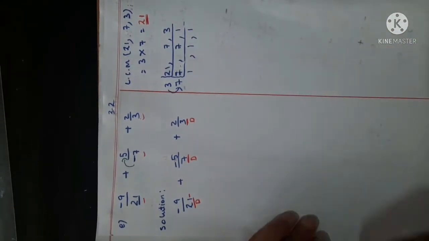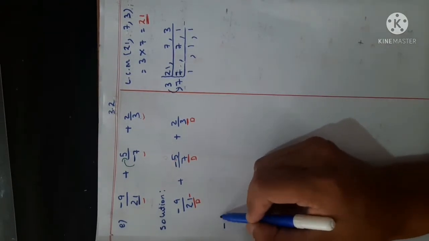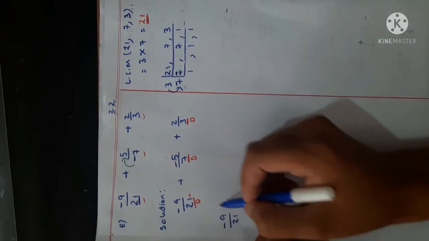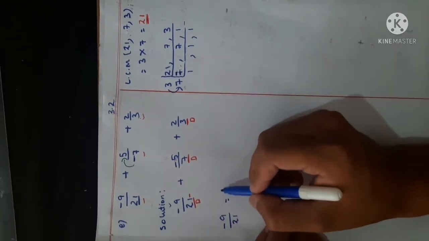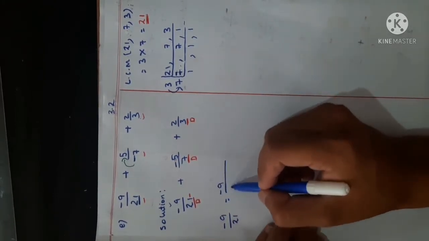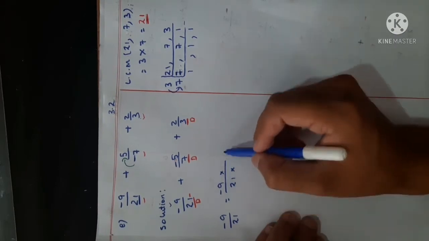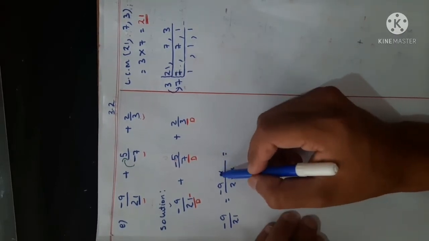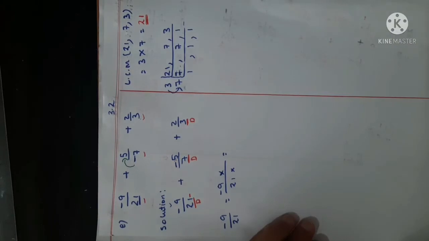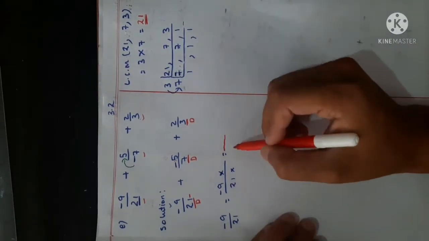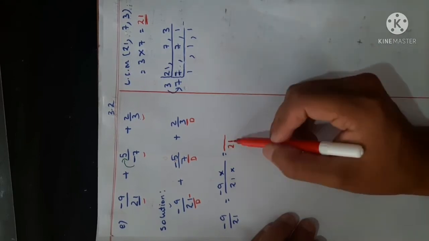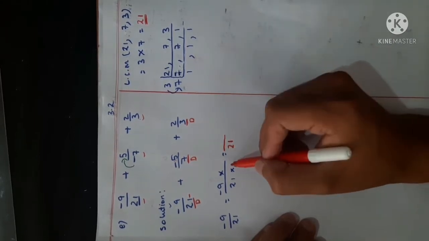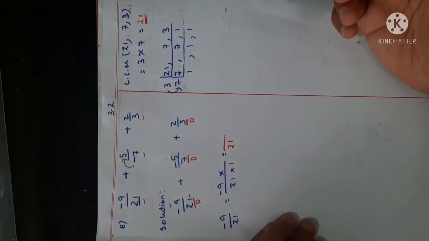So now we write minus 9 by 21. We find first for this rational number, minus 9 by 21. Remember here, we multiply in such a way that we will get in the denominator 21. So 21 multiply 1, we will get 21, isn't it?